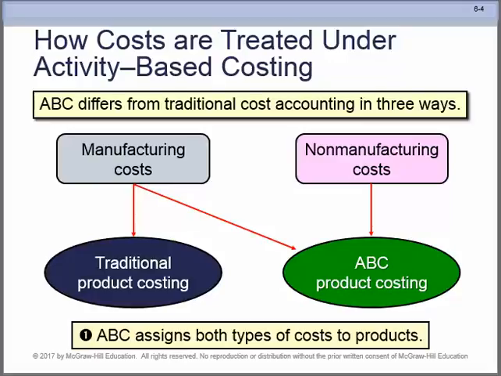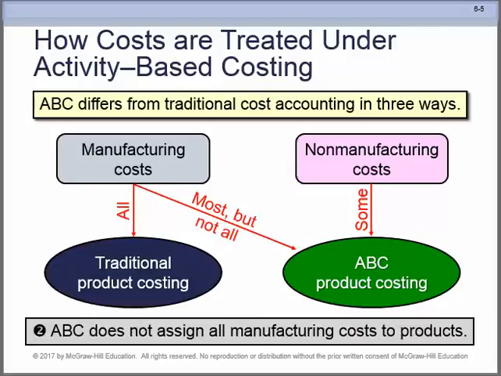This is, as I said, a supplement to, not a replacement of, other systems. Some manufacturing costs may be excluded because ABC only assigns a cost to a product if decisions concerning that product will cause a change in the cost. It excludes two specific types.